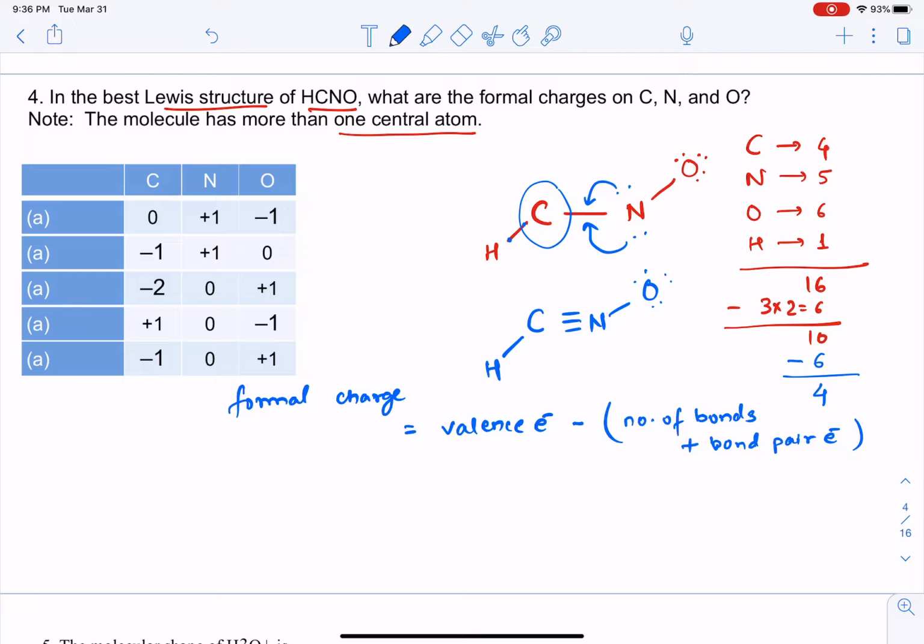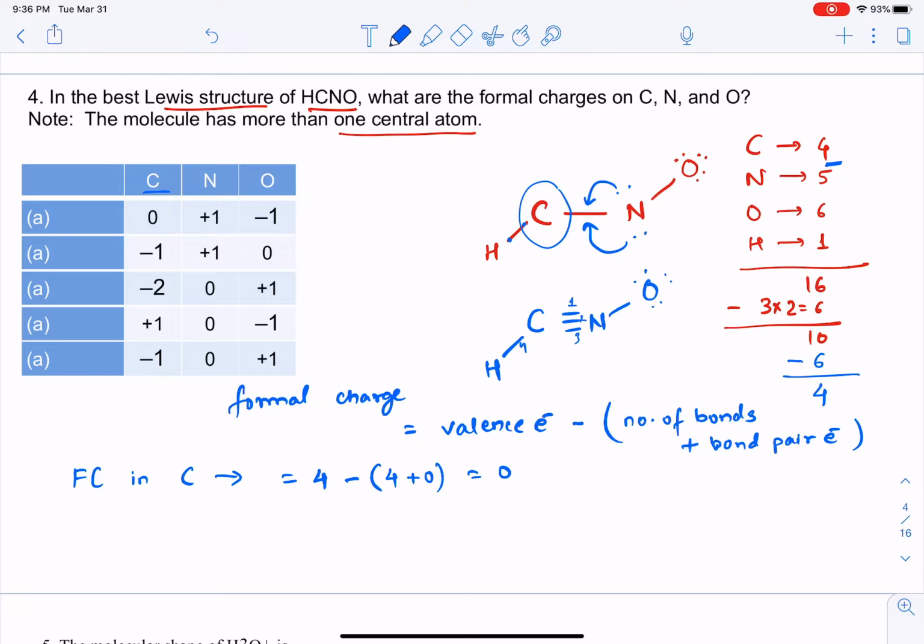So first we'll check the formal charge in carbon because that's what is asked. What was the valence electrons? They were 4, so we have 4 minus number of bonds. It's having now 1, 2, 3, 4 bonds. And does it have any bond pair? No, it doesn't. So we have 0.